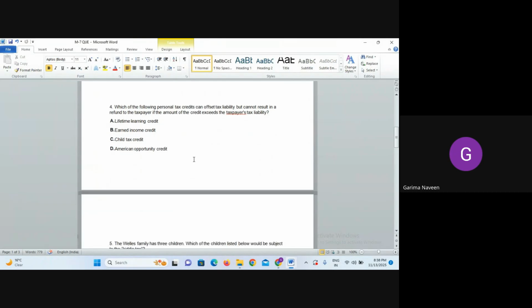Next: which of the following personal tax credits can offset tax liability but cannot result in a refund to the taxpayer? That means you have to tell which is not a refundable credit. Ma'am, option B. Earned income credit is a refundable credit.